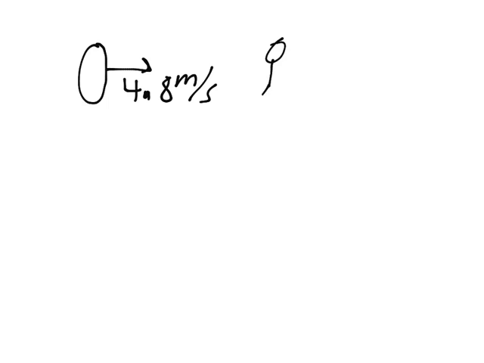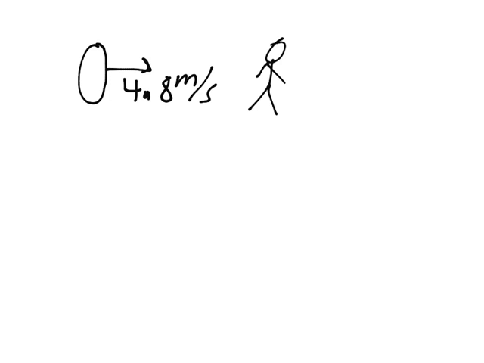So problem 4 says a 60-gram egg moving at 4.8 meters per second is going to be caught by a student. And so part A asks, if the time of interaction is 0.25 seconds, what is the average force on the egg?